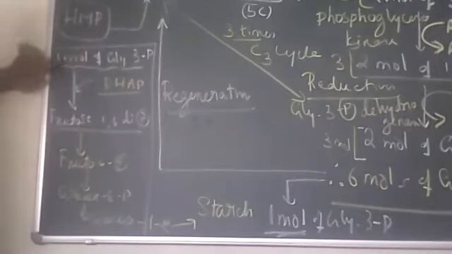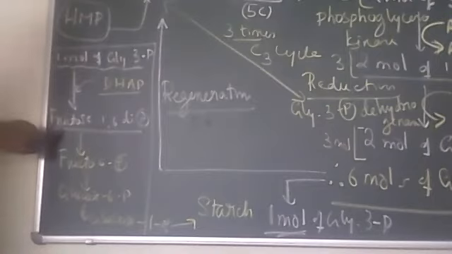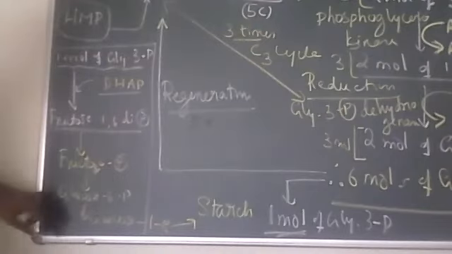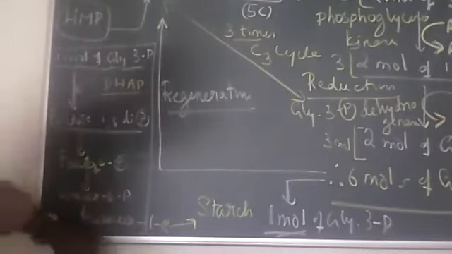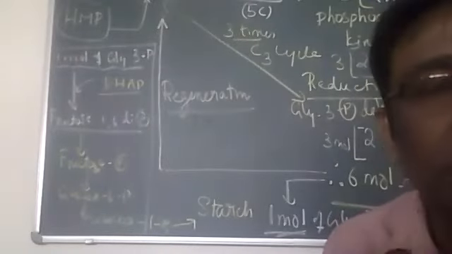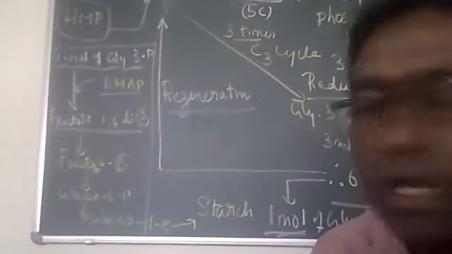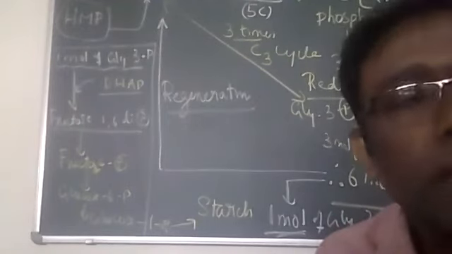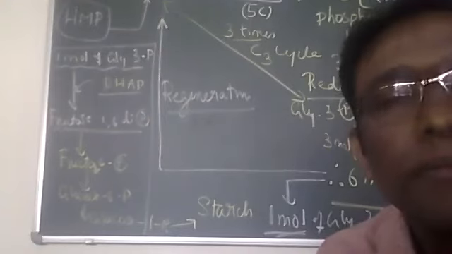I'll repeat once again. Glyceraldehyde 3-phosphate plus dihydroxyacetone phosphate gives fructose 1,6-diphosphate, followed by fructose 6-phosphate, then glucose 6-phosphate. But one thing you should remember, glucose 1-phosphate. That will complex to starch or glycogen. Thus we get food synthesis. Any doubts in this? All of you understood this till here?